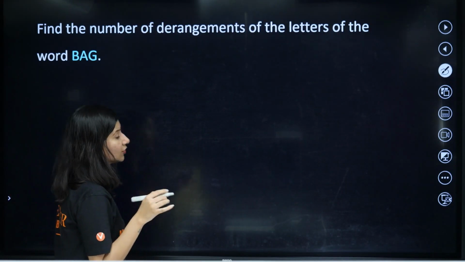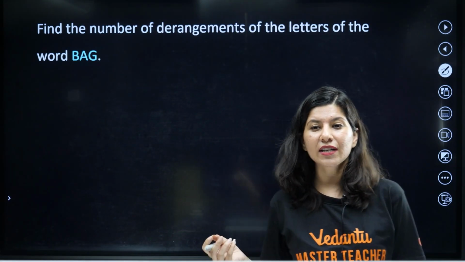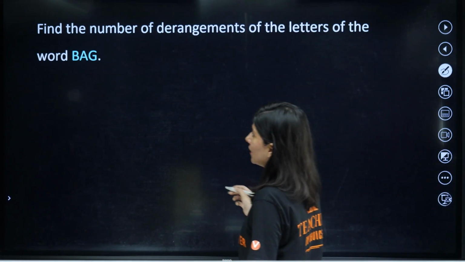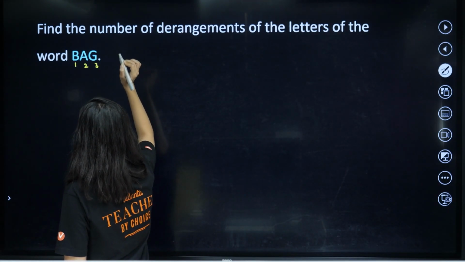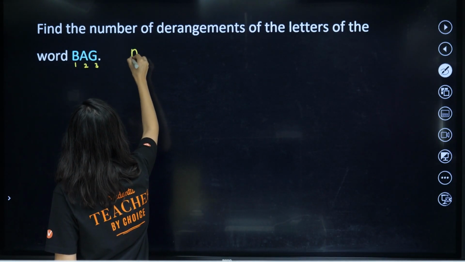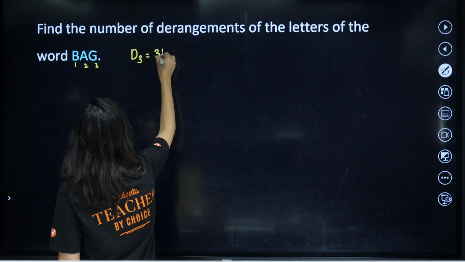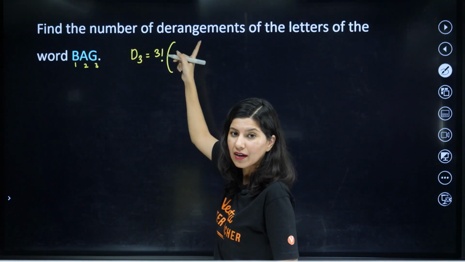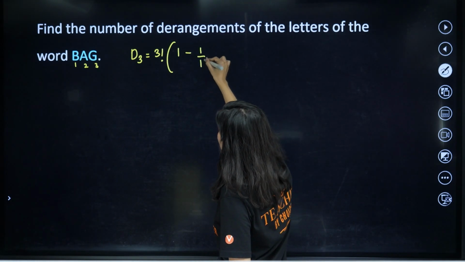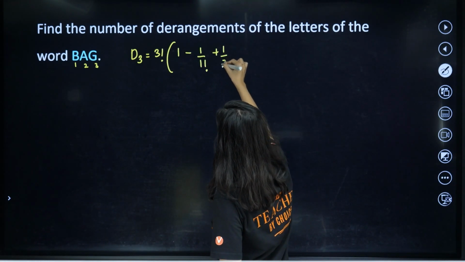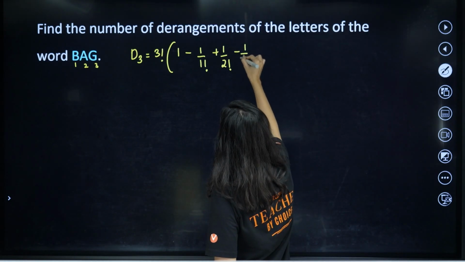Let me just show you. Find the number of derangements of the letters of the word BAG. Suppose B is in the first position, A second and G third. So they are talking about D3. The formula is 3 factorial times 1 minus 1 upon 1 factorial plus 1 upon 2 factorial minus 1 upon 3 factorial.